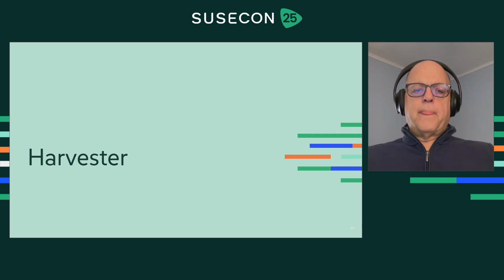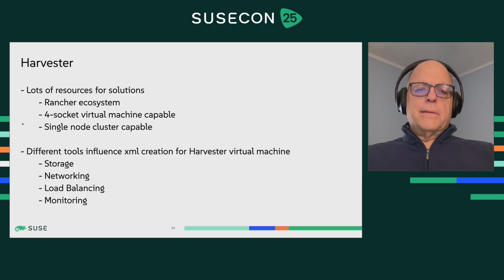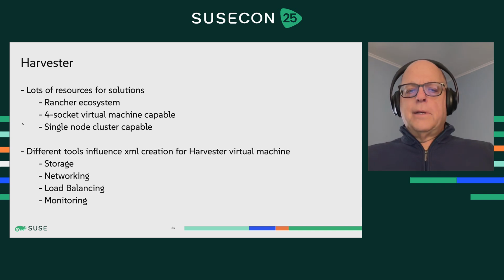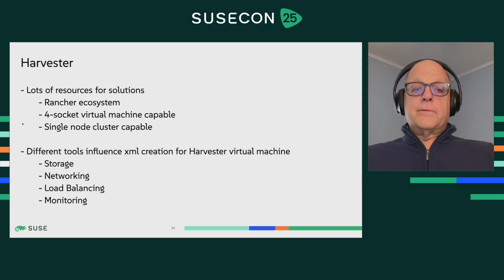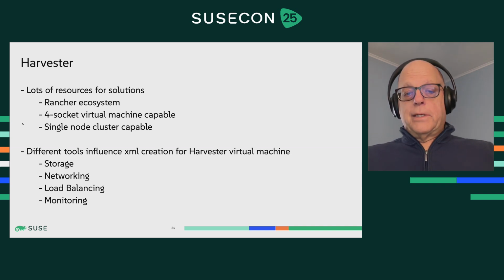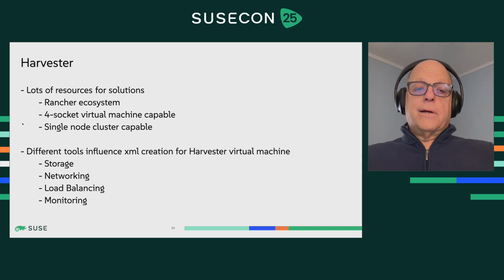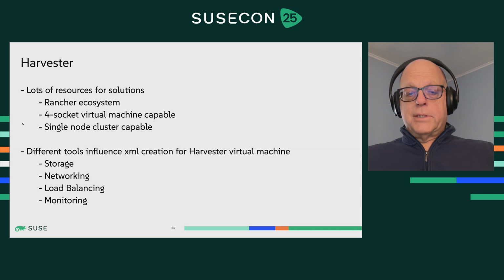So jumping out for a minute, what is Harvester? In the beginning, we talked about some of those cloud resources for HPE Compute Scale-Up Server 3200 servers, the Rancher ecosystem. We have found that Harvester can create a 4-socket virtual machine, and we're currently running Harvester as a single node cluster. So we have a single Compute Scale-Up Server 3200 running a Harvester cluster in which we can create 4-socket virtual machines.